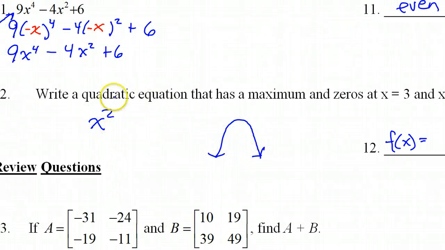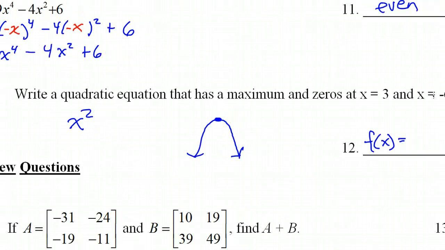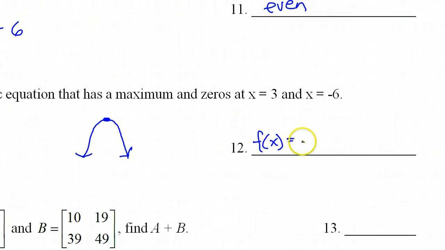It's a parabola. And if it's going to have a maximum, it has to be an upside down parabola, so that it has a high point. And if it's going to be upside down, then it would have to have a negative in the front.